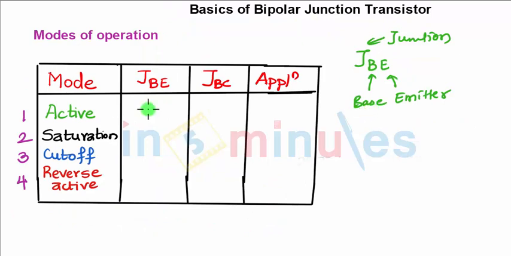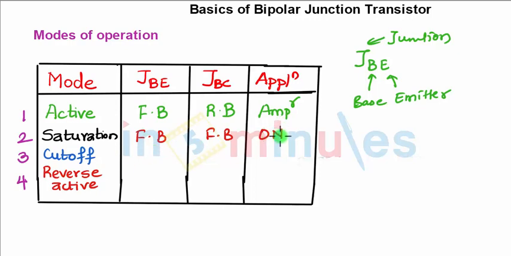If you want to operate the transistor in the active mode, you need to forward bias the JBE, that is the base emitter junction, and reverse bias the base collector junction, so you can use the transistor as an amplifier. Now in saturation you need to forward bias JBE and forward bias JBC. That means you are forward biasing both the diodes.